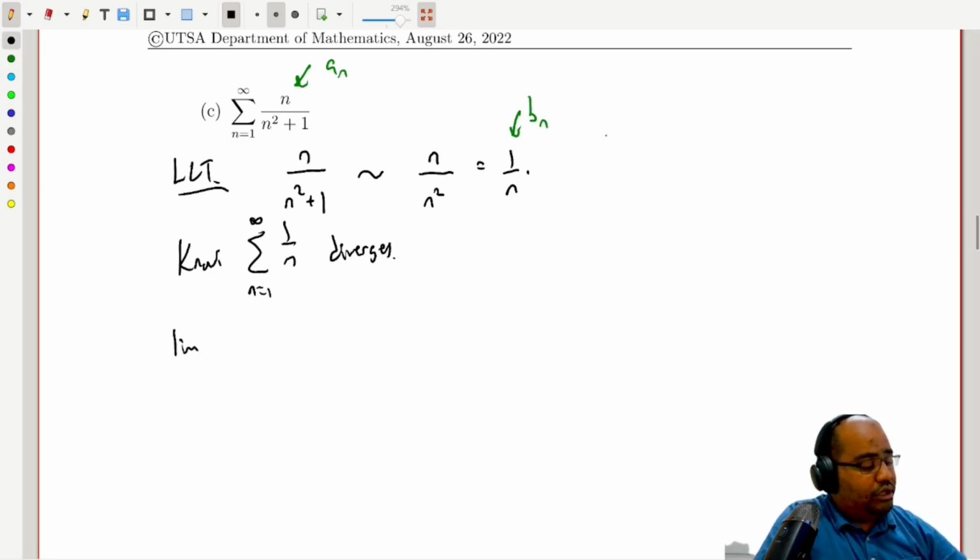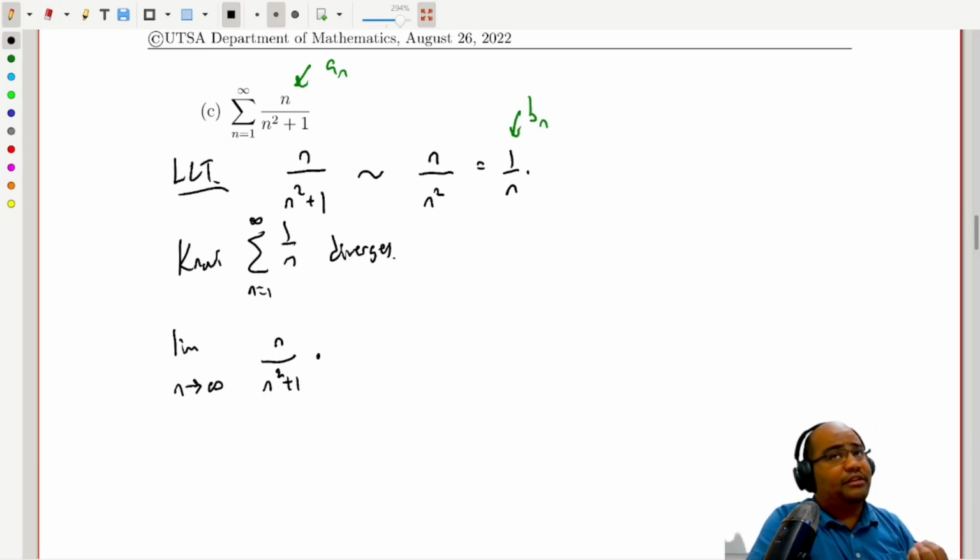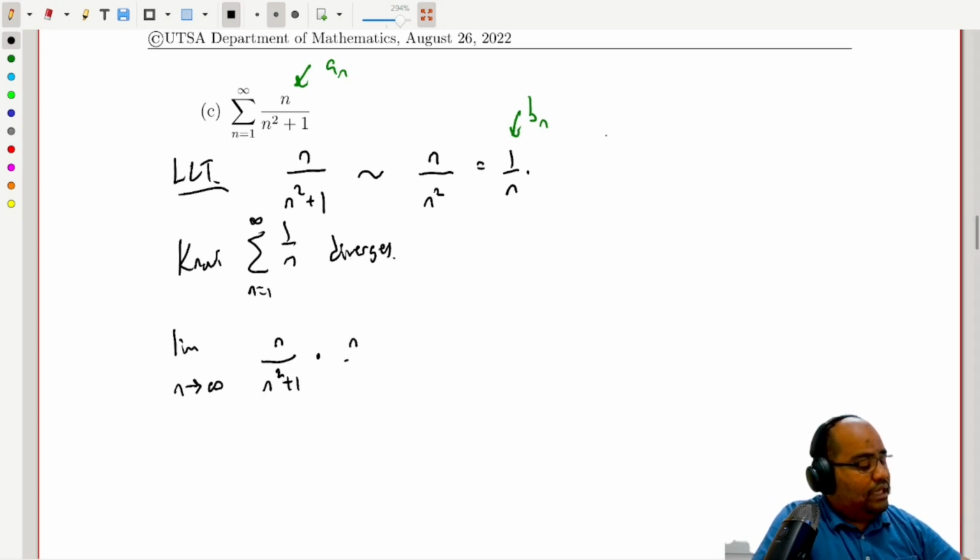So we look at the limit here as n goes to infinity of an. Make sure you put things in the right place. Times 1 over bn. an divided by bn, that's an times 1 over bn. So multiply by the reciprocal, n over 1. And once again, we multiply the fractions.